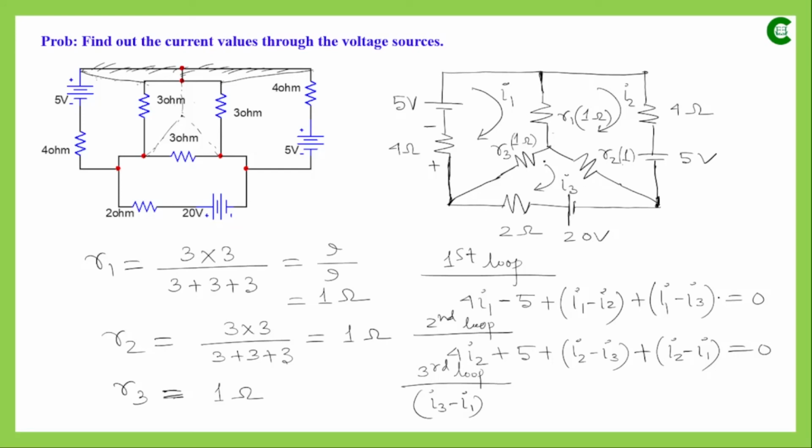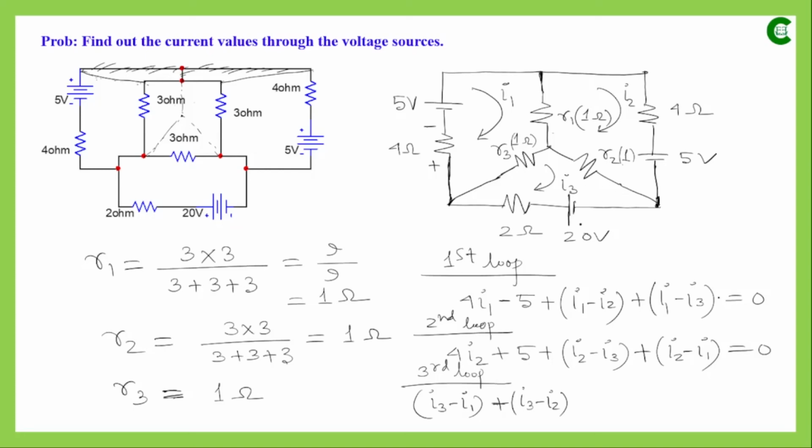Through that I3 current will be flowing in this direction and I2 will be flowing in the opposite direction. So the net current through R2 will be I3 minus I2, multiplied by the resistance value which is 1.